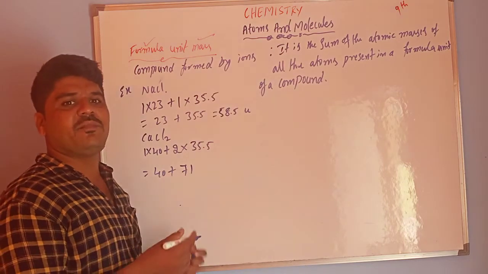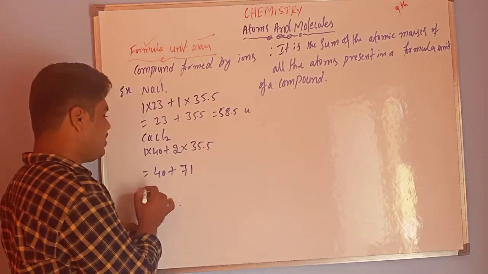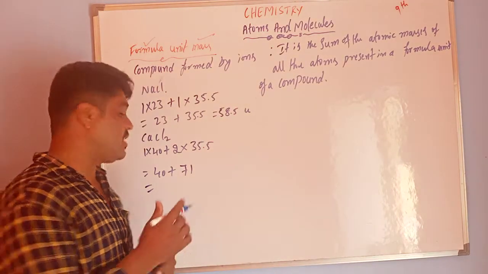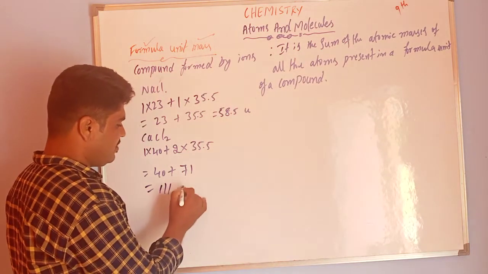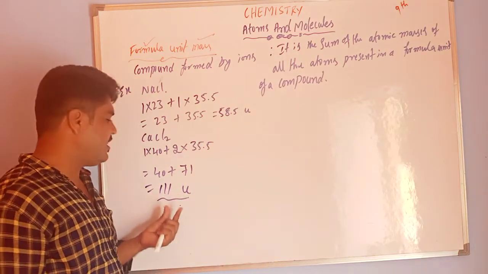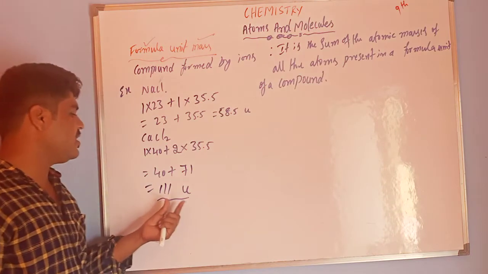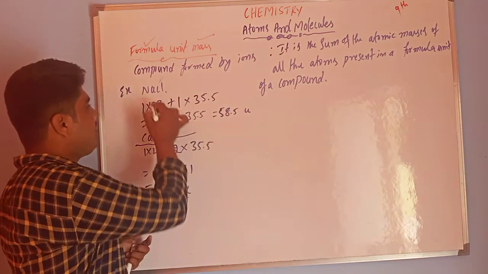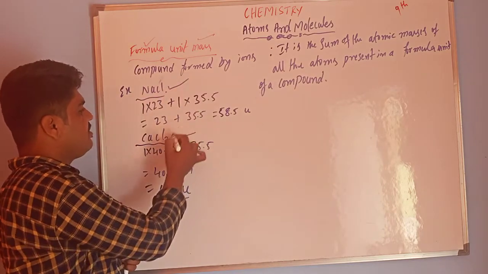So 71 plus 40 is 111 u. This is the formula unit mass of calcium chloride.